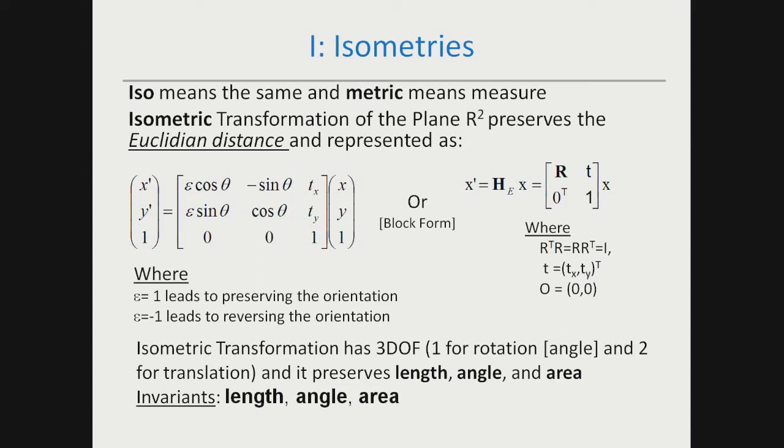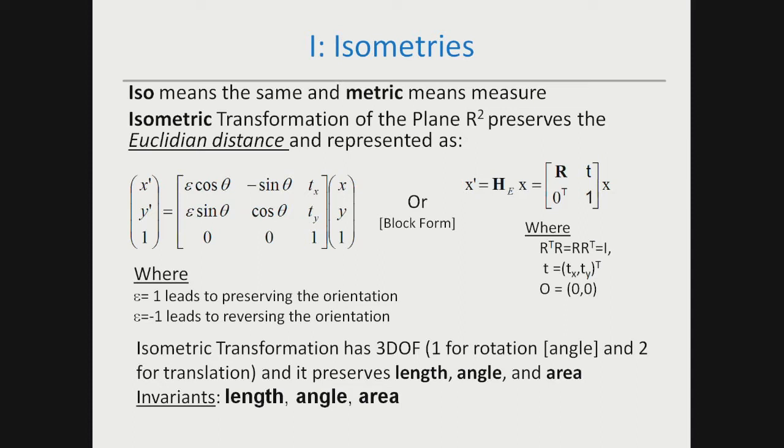An isometric transformation, or isometry, is a planar, two-dimensional transformation that preserves Euclidean distances and the angles of the object. Since it preserves Euclidean distance, it also has to preserve the angles.